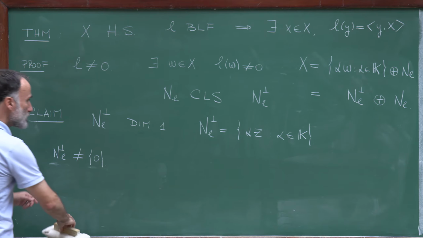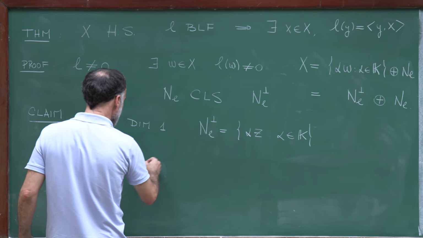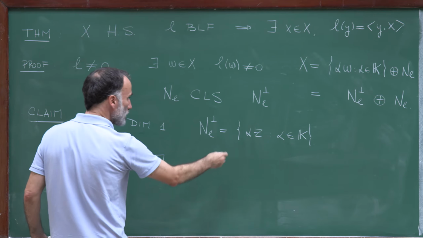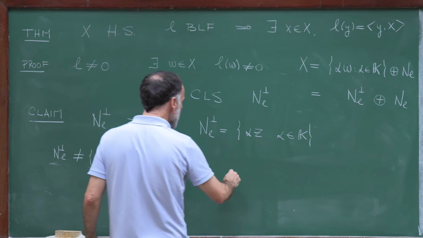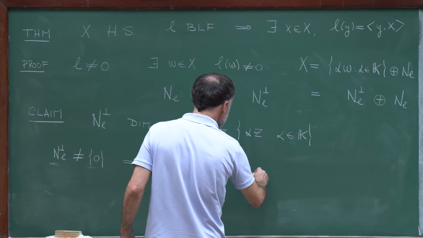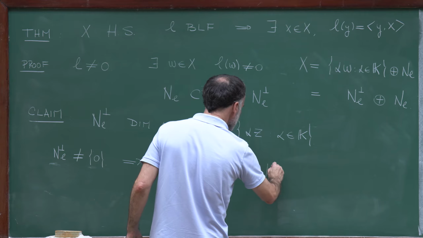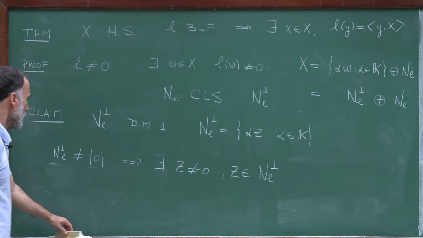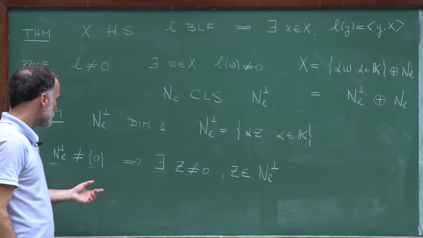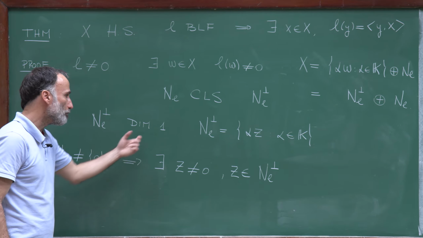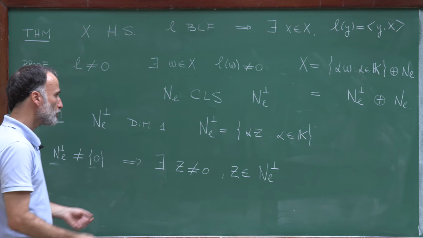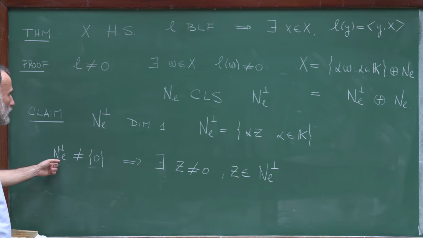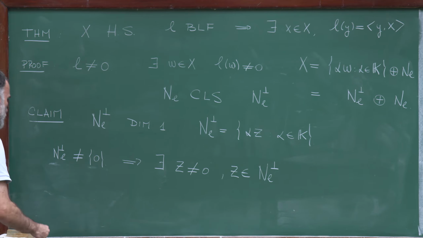So there exists at least one element, and let me call it Z, different from 0, which belongs to NL perp. Now I claim that the dimension is 1, which means that I can't have 2 points in this set which are linearly independent.